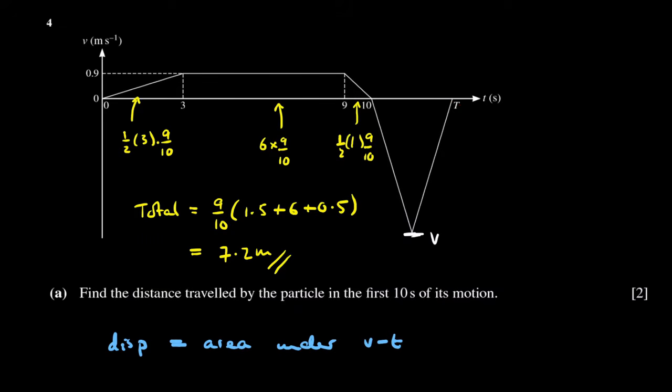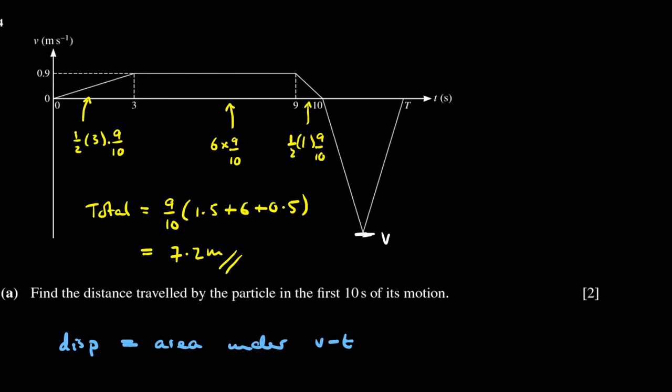So that means that our displacement here needs to be 0. Well, that means that the displacement that's happening in this part of the curve needs to be equal to negative 7.2, right? Because if you think about it, from here to here, we're traveling in the positive direction. We move a displacement of positive 7.2. And in this section, we've got negative velocity, so we're moving back. We want to move back a total of minus 7.2.